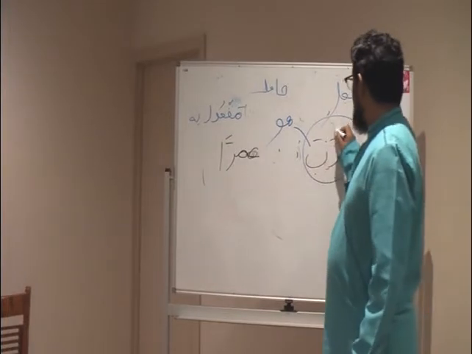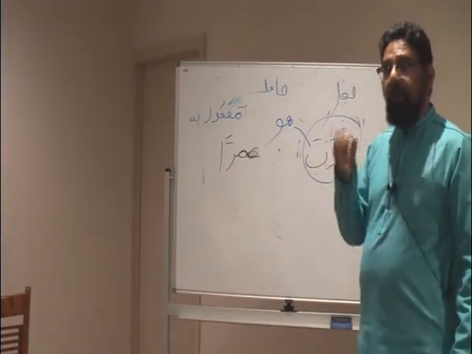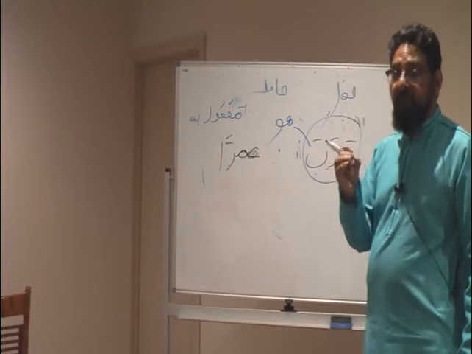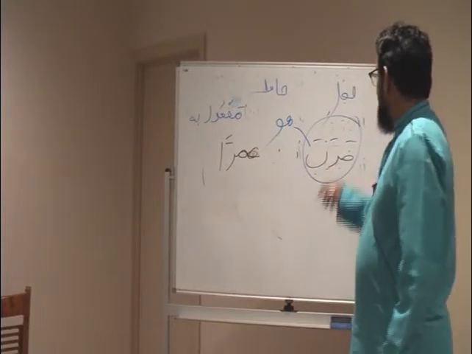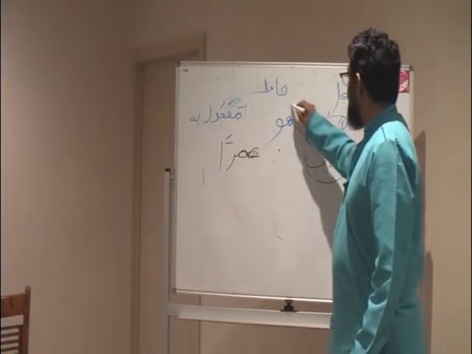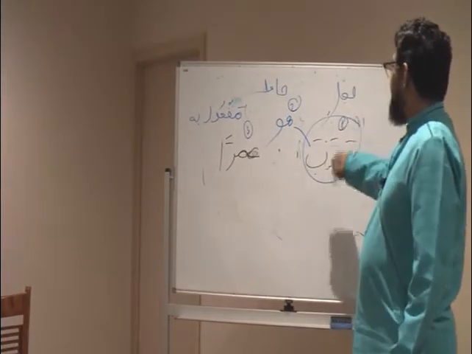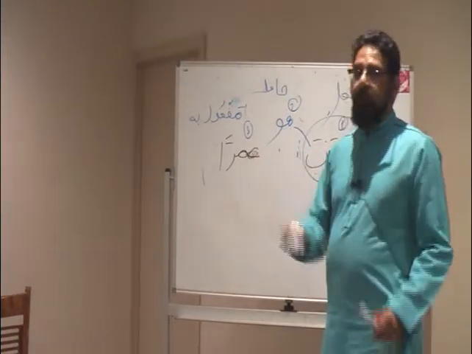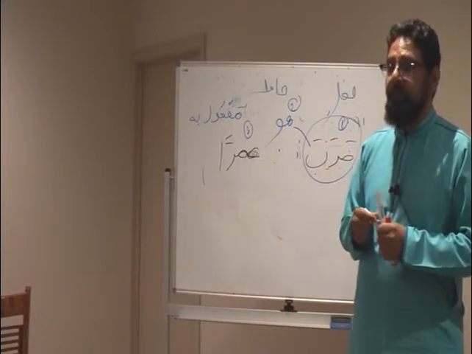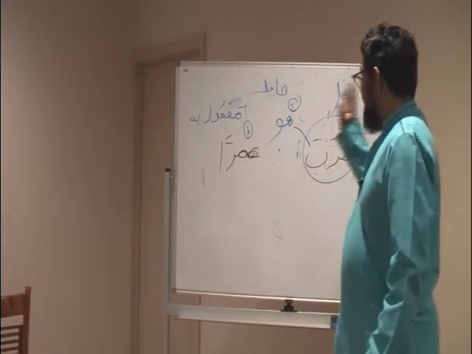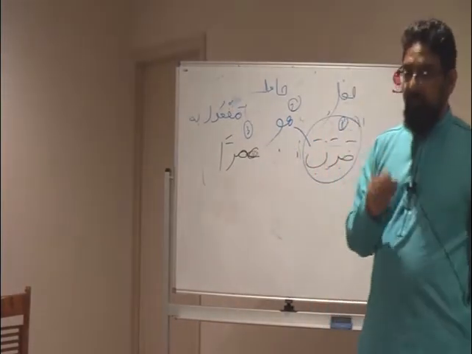So it's actually three words: daraba number 1, huwa number 2, and amran number 3. The fi'l, the fa'il, and the maf'ul bihi. That's how verbal sentences are. The fa'il in rafa, the maf'ul bihi in nasab.